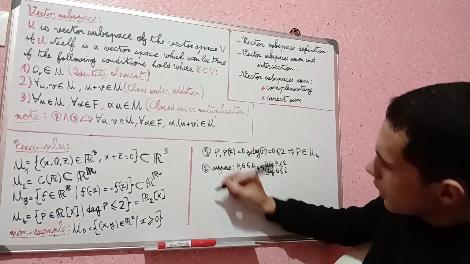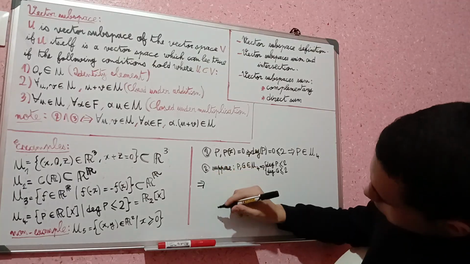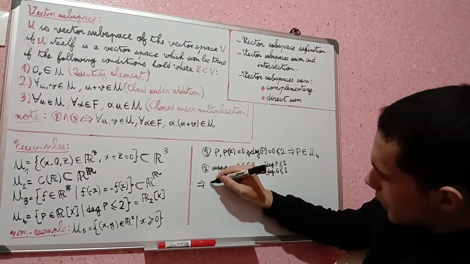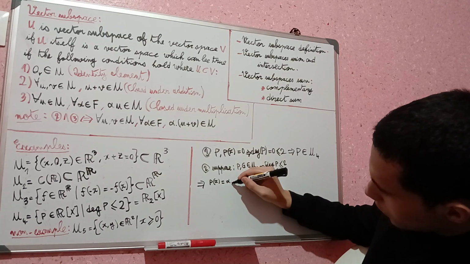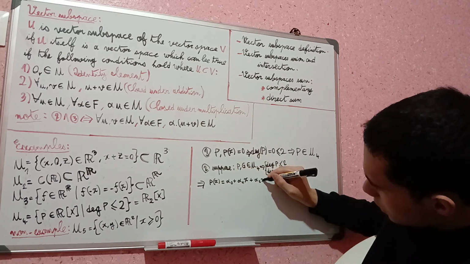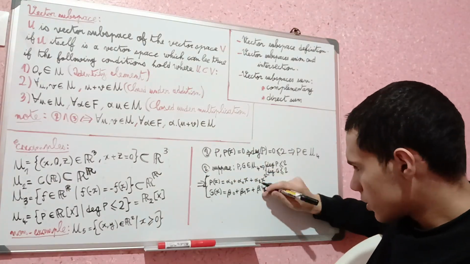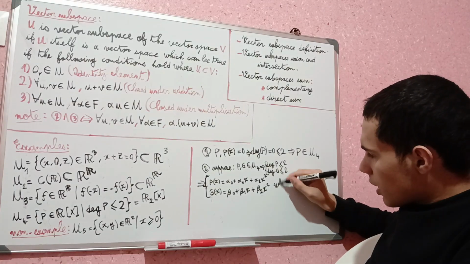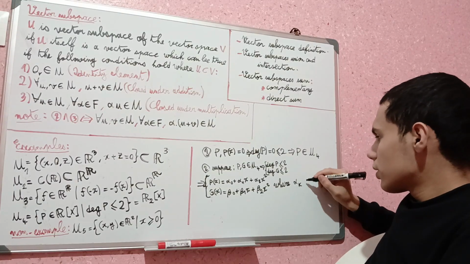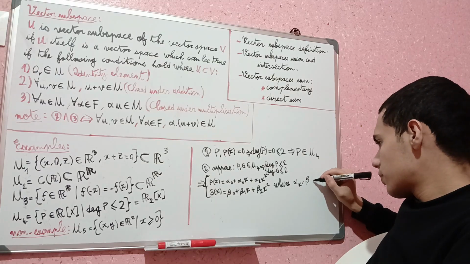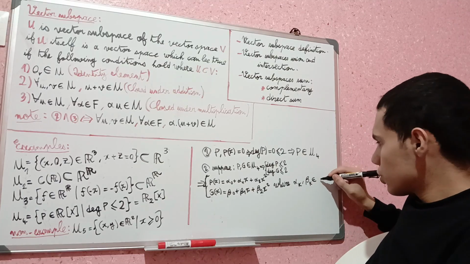Okay, so P of x can be written in the form, where alpha k and beta k belong to R.